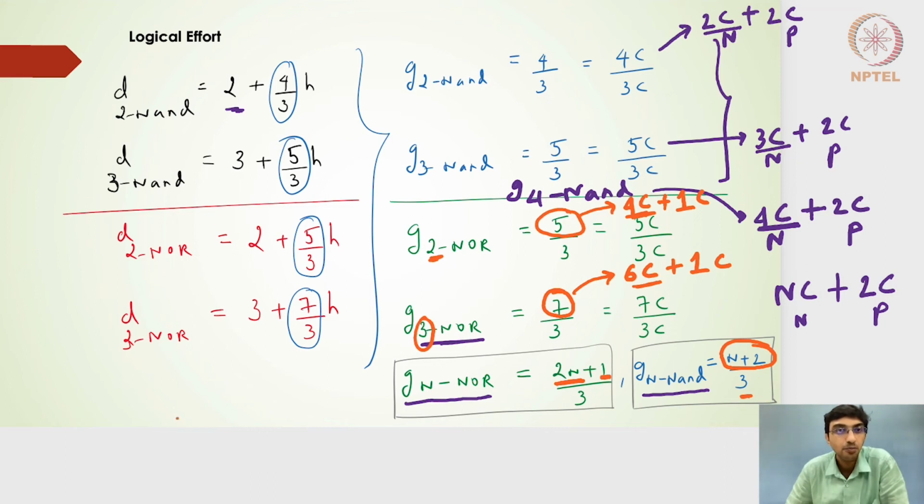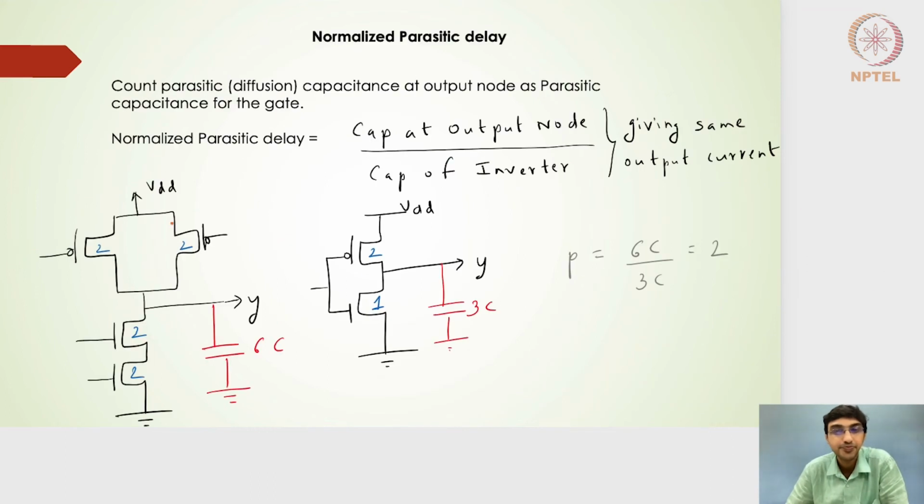Right? Moving ahead. So now the logical effort is done, and the other component is the normalized parasitic delay. I've taken an example here of the 2 input NAND gate, so as to get the equal falling and rising resistance as that of the 2:1 inverter.